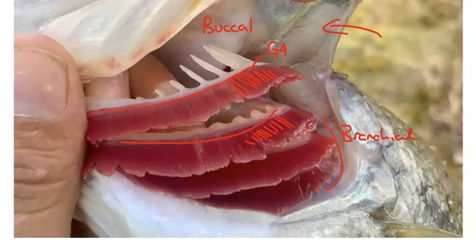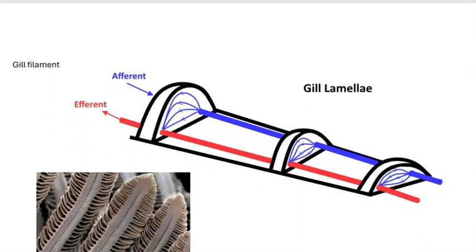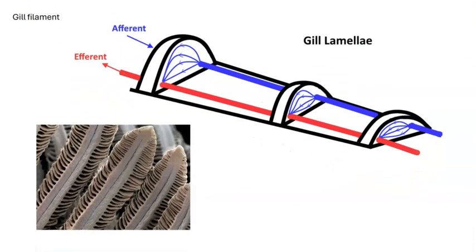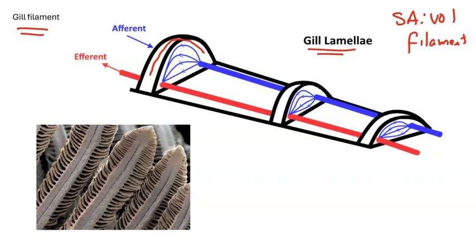When we examine a gill filament at the microscopic level, we find that the surface area to volume ratio has been increased not just by the presence of the multiple filaments, but they have vertical structures on them like so, which are known as gill lamellae.